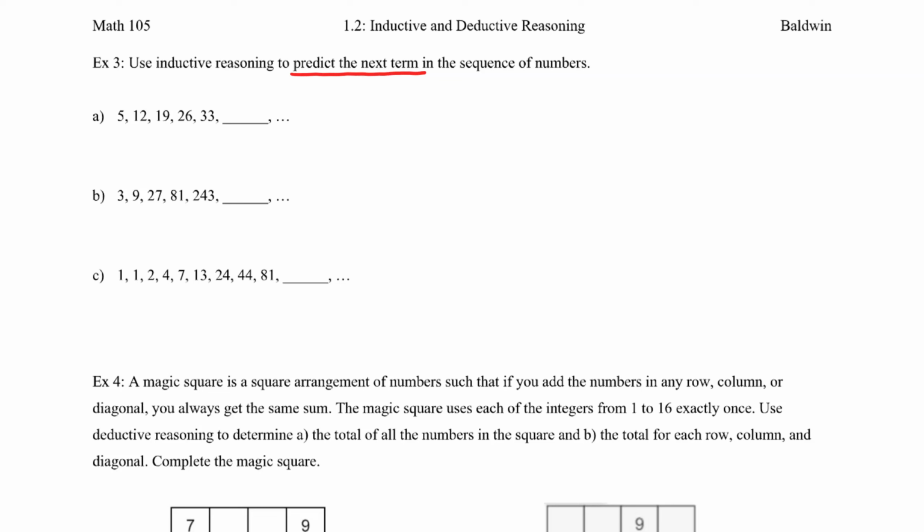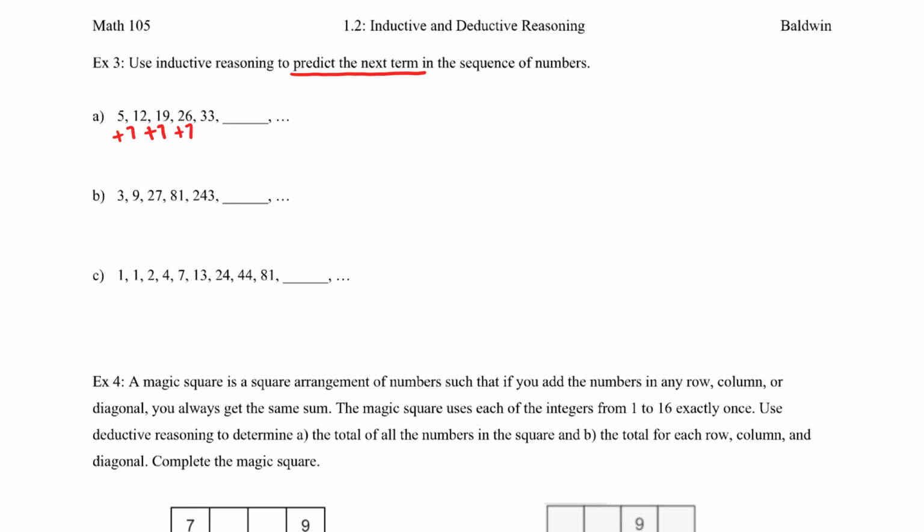If we look at part A, we go from 5 to 12 to 19 to 26 to 33. So we're looking for some type of common pattern here. How did we get from 5 to 12? Well, 5 plus 7 gives us 12. How do we get from 12 to 19? That's also just adding 7. 19 to 26, add 7.